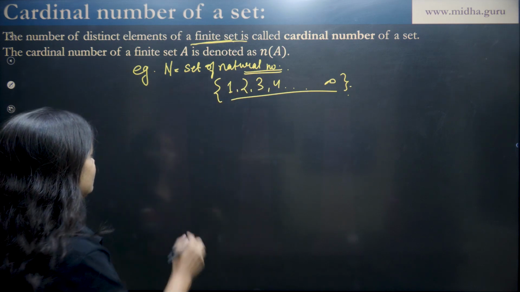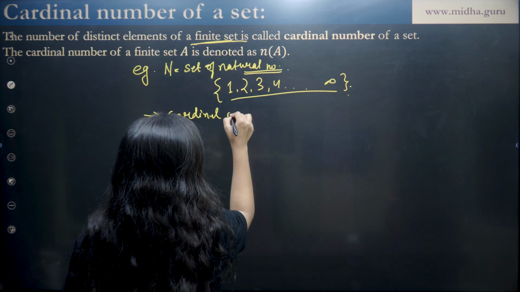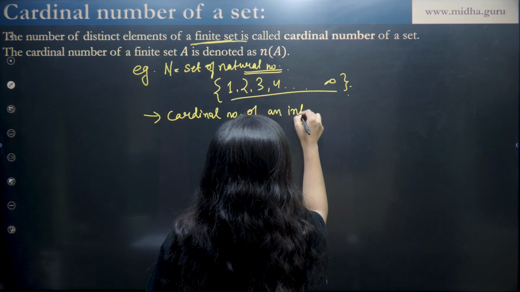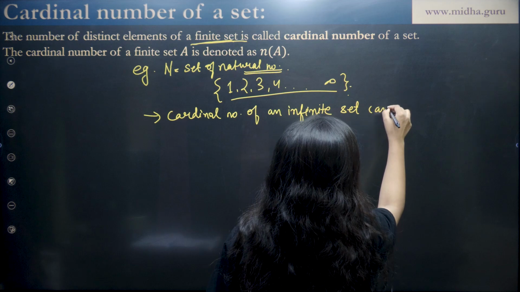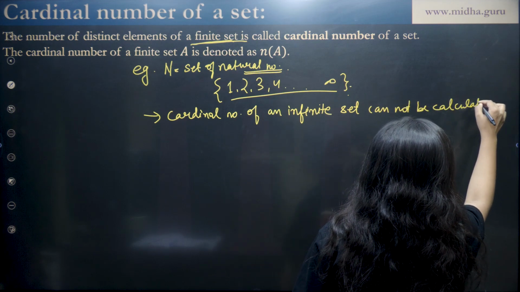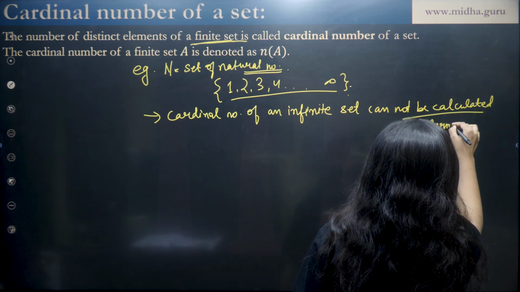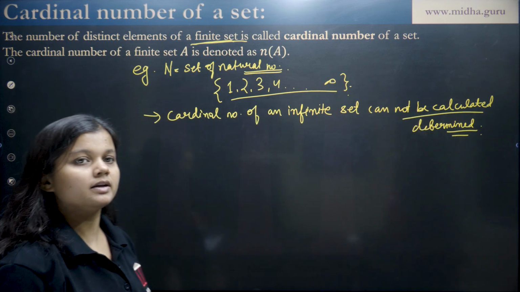No. So the cardinal number of an infinite set cannot be calculated or cannot be determined. Cardinal number of an infinite set cannot be determined.